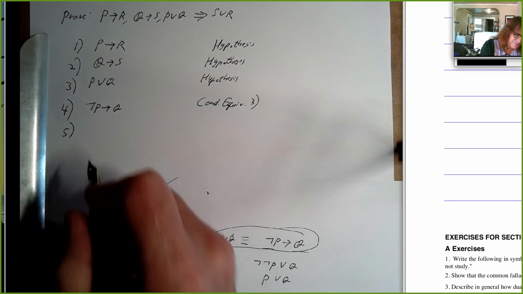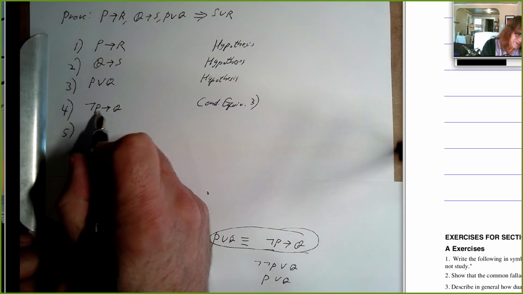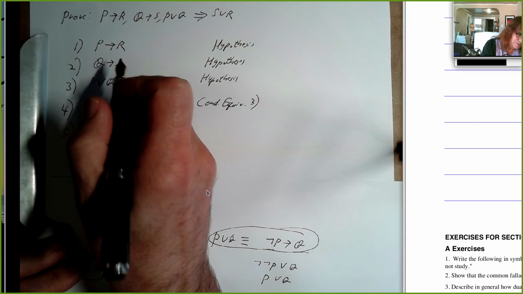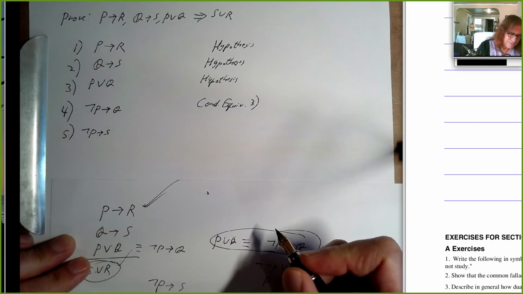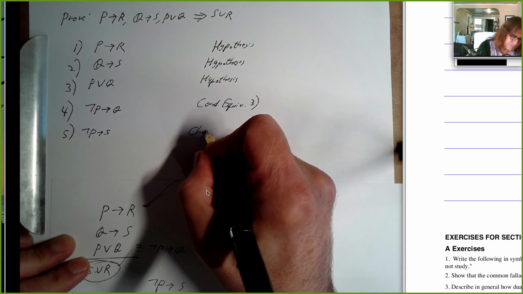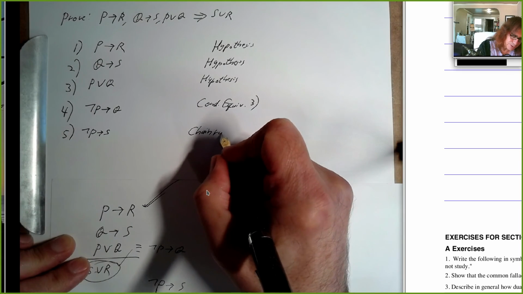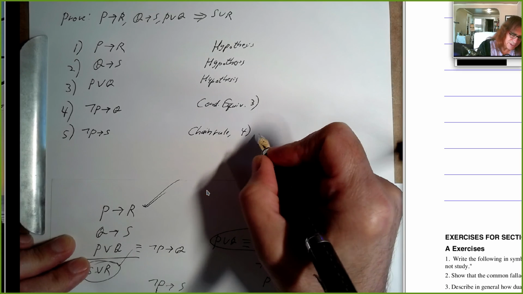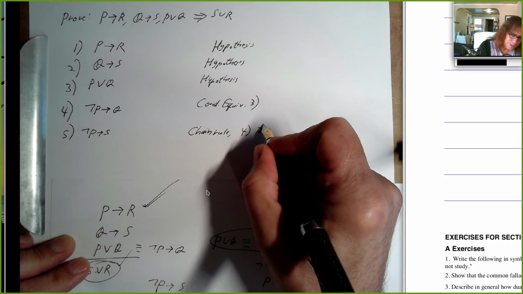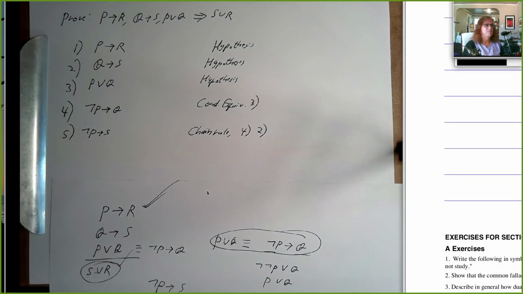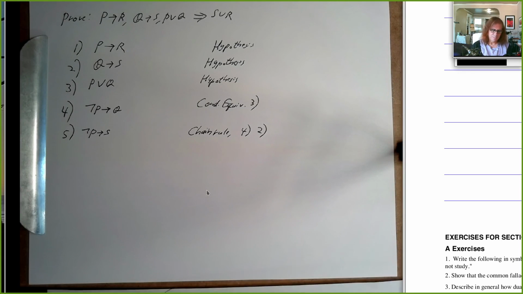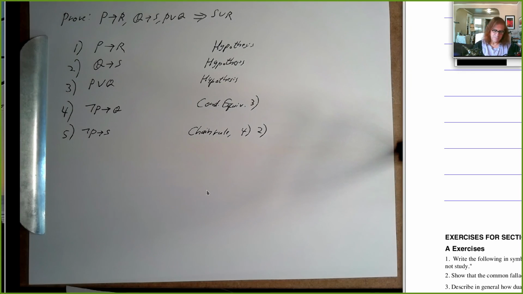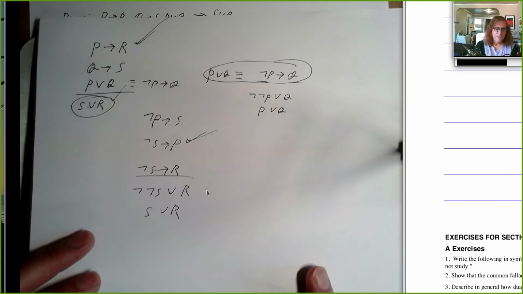Step 5, we're going to use the chain rule. We're going to say if not P, then Q, and if Q, then S, and so if not P, then S. The reason for that, chain rule, combining 4 with 2. All right.